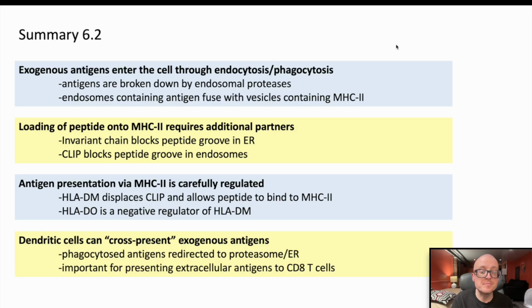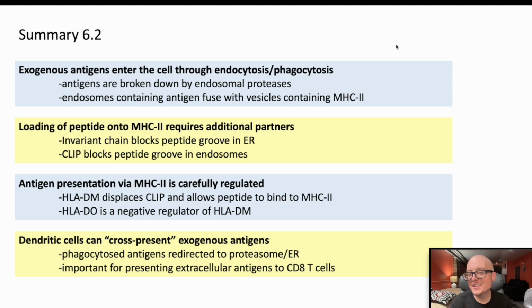Finally, we saw that dendritic cells have a special function called cross-presentation, whereby they can process exogenous antigens, redirect them into the endogenous pathway, and thereby present them to CD8 T cells. And one final point here is that there's no opposite form of cross-presentation. As far as we know, there is no way to take endogenous antigens and present them on MHC class II.